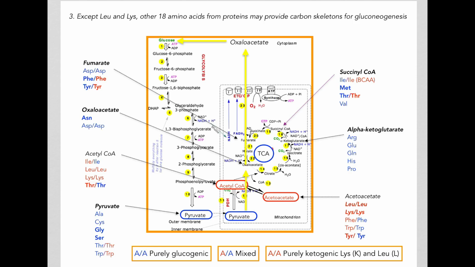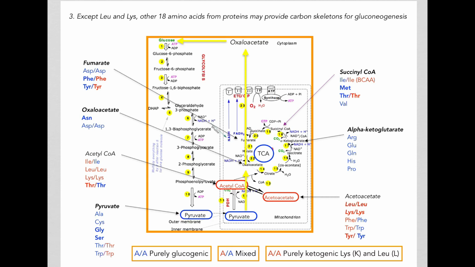Any amino acid that can be broken down into either pyruvate or oxaloacetate or any intermediate such as alpha-ketoglutarate or succinyl-CoA, which can be converted into oxaloacetate, can be used for gluconeogenesis. So any amino acid that will give us pyruvate, oxaloacetate, or something that can be converted to oxaloacetate can give us our carbon skeletons for gluconeogenesis.